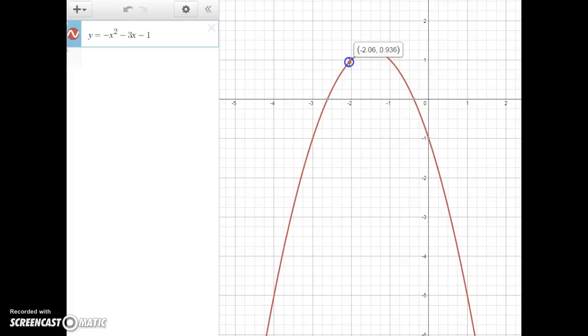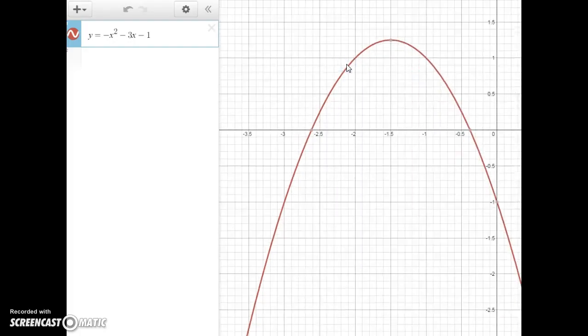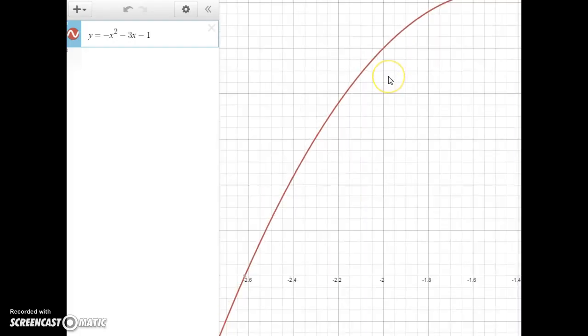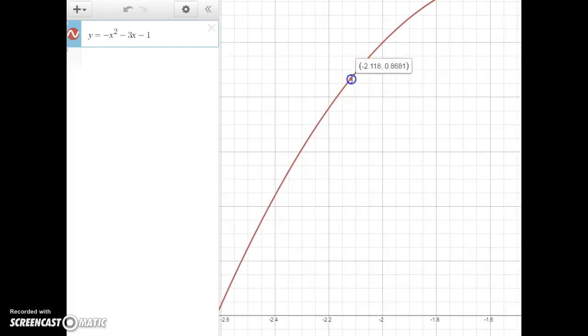What happens to my y value? As I get closer and closer to it, so if I zoom in, closer and closer, what happens to my y value? My y value becomes very close to what number? It's going to get close to 1. Does that make sense?